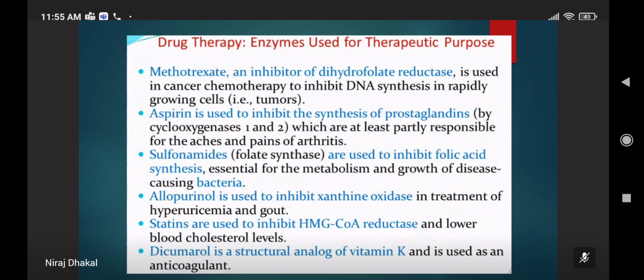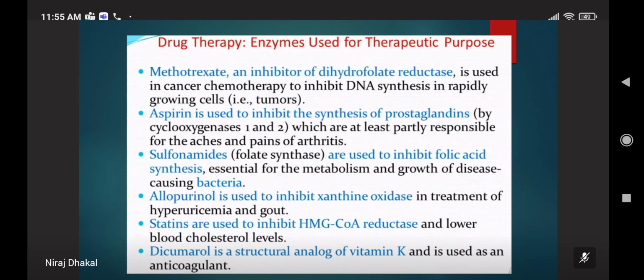It does not allow the blood to clot easily. It is especially given to patients who are at risk of thrombosis. So this will prevent the formation of unnecessary blood clots by inhibiting the process of blood coagulation.